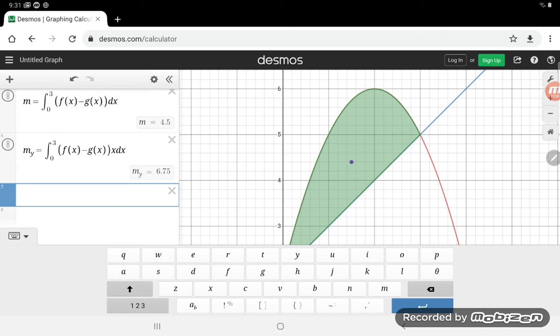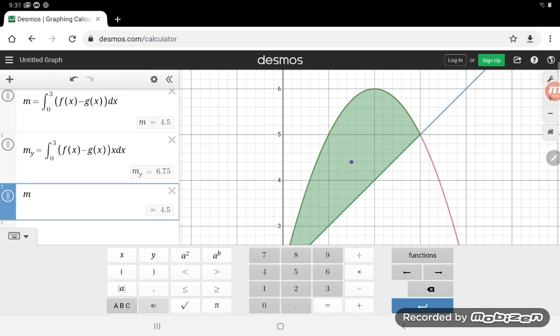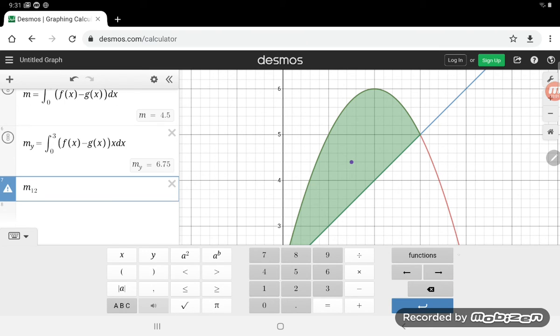And now we could look at m sub x. Okay, m. So I'll go back down in there and do that and call that an x.